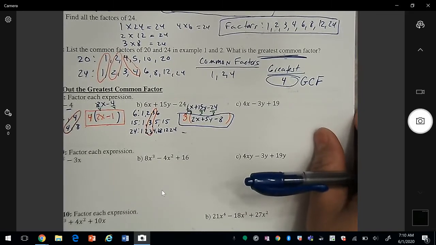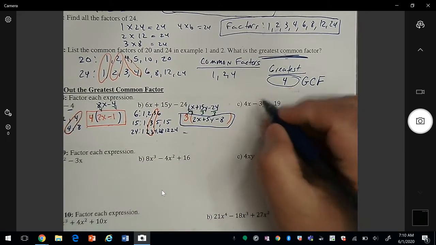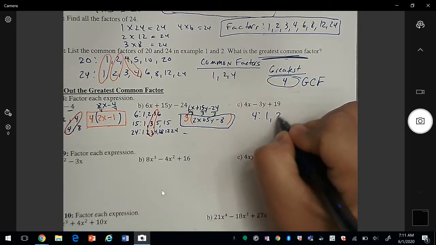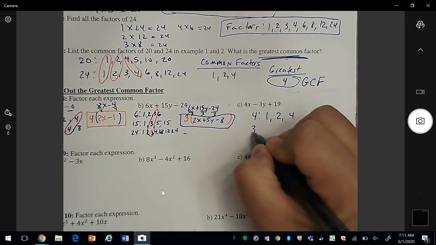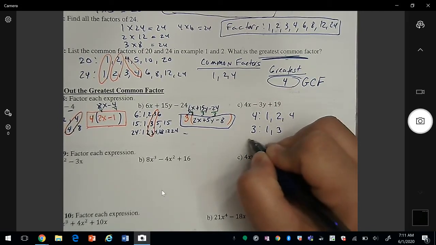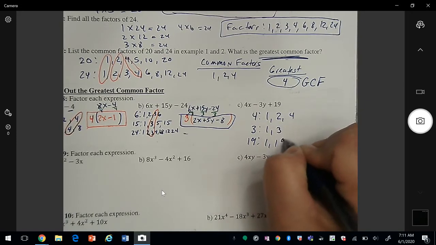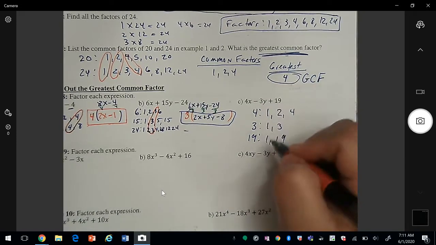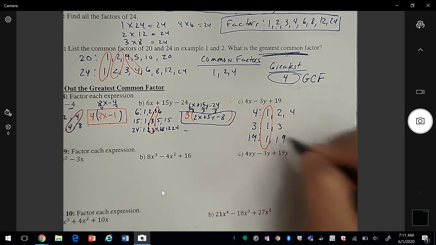On the next one, we have 4, 3, and 19. My factors for 4 are 1, 2, and 4. For 3, it's 1 and 3. And for 19, 1 and 19. So our greatest common factor here is 1.